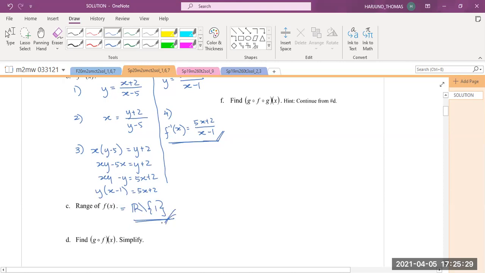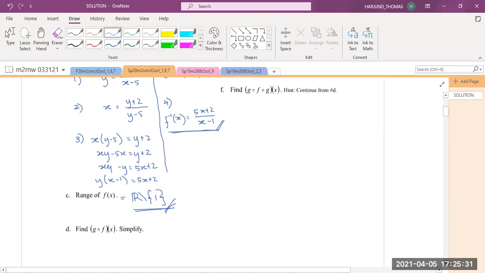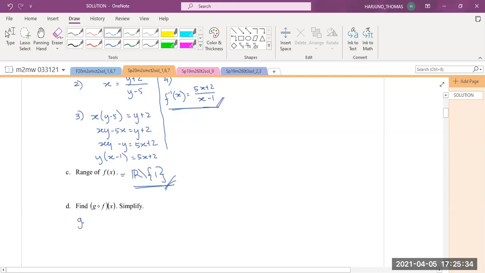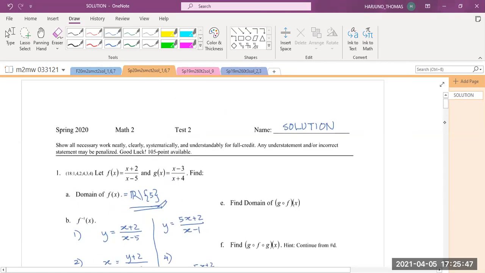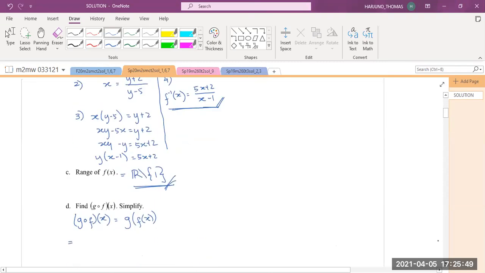Okay. Now, what is g compose f? g compose f of x is g of f(x). That is g of (x plus 2) over (x minus 5). Now, what is g(x) again?